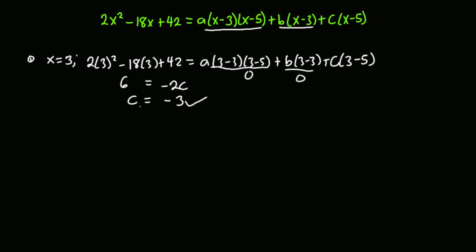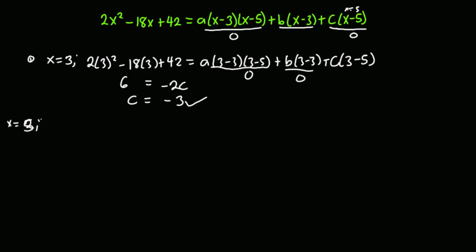Then also, to eliminate the variable c, it means that x must be equal to 5, because 5 minus 5 will give us 0, so this whole thing will be 0, and this will also be 0. So x should be equal to 5.